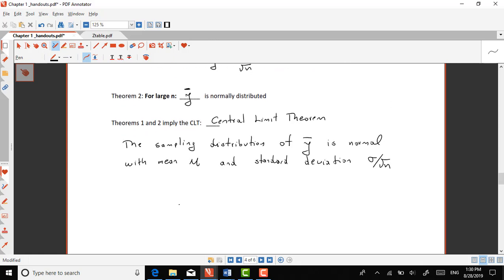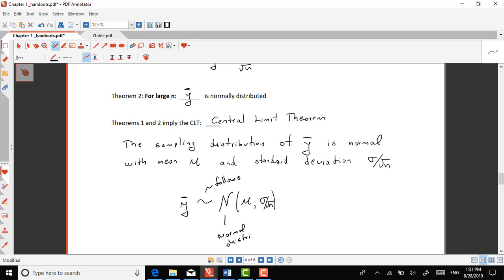Sometimes you're going to see this notation. This tilde means follows, and you use this fancy N, and then you denote the parameters. Sometimes you can use the standard deviation, or you can use the variance. But for now, this is the variance. So again, the tilde is short for follows, and N means normal distribution.